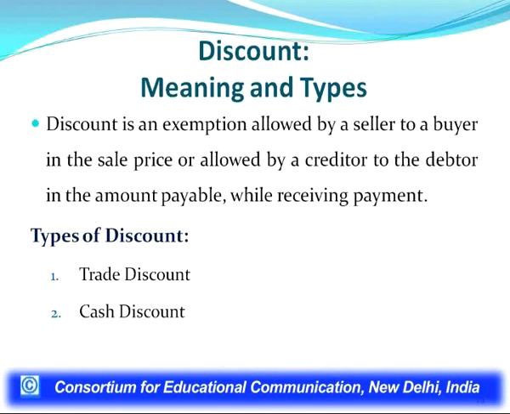So, discount is an exemption allowed by a seller to a buyer in the sale price, or allowed by a creditor to the debtor in the amount payable. Thus, discount may be of two types: first is the trade discount and second is the cash discount.